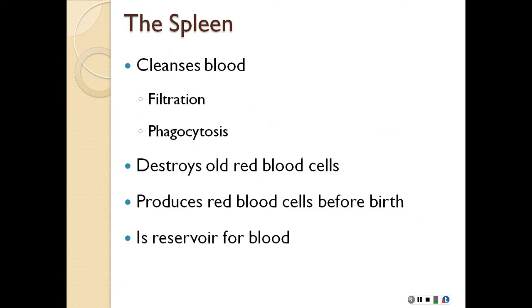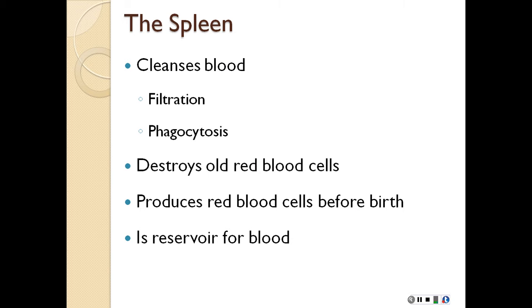Okay, the spleen is sometimes called a large lymph node. It does have some of the same effects, but it has other functions as well. One of the functions I think we talked about before is it cleanses blood. So just as the lymph nodes filter lymph fluid, the spleen filters blood in that same way.